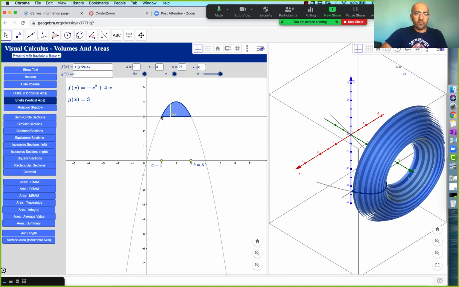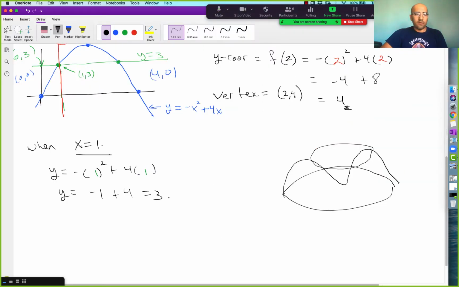And well, I guessed that it was an easy answer, and it was 1 and 3. Otherwise, to solve it, you're going to have to set this equal to 3 and figure out when that happens. Right? Let's do that real quick. I just guessed that at x equals 1, good things were going to happen.